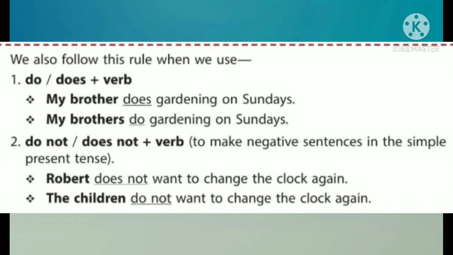So use not. Does not. Second example. The children do not want to change the clock again. The children is the plural subject. So it takes do. And it is a negative sentence. We use not. So, the children do not want to change the clock again.